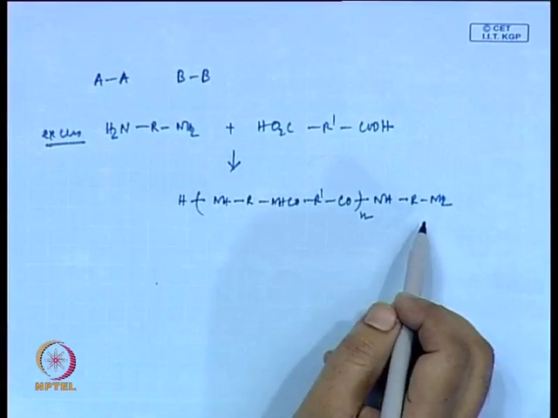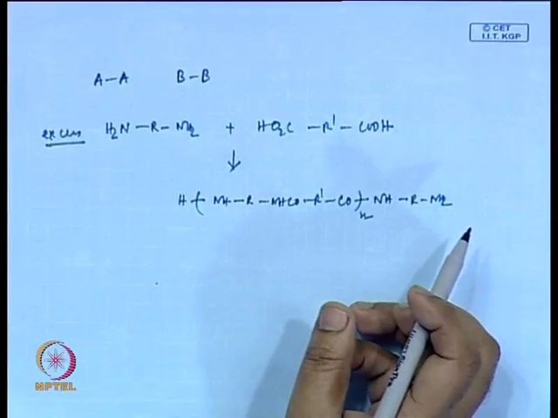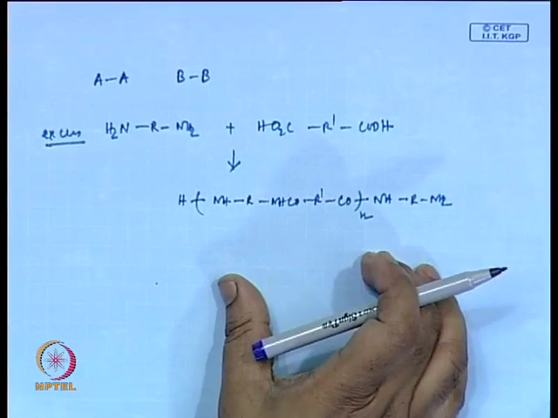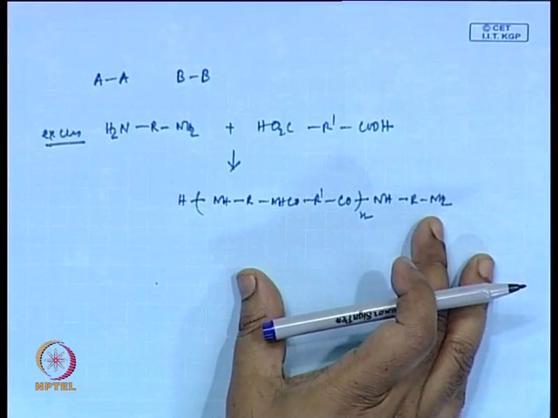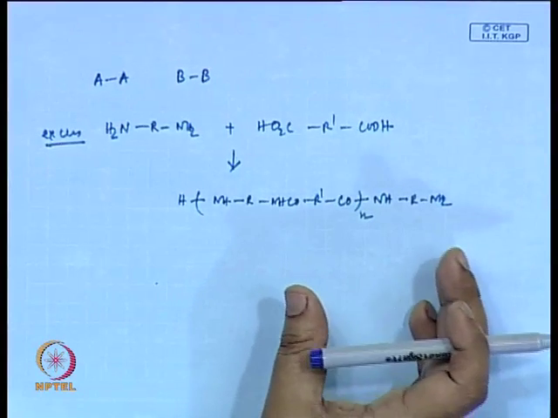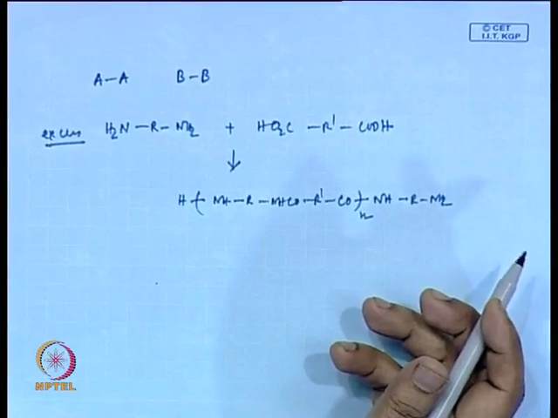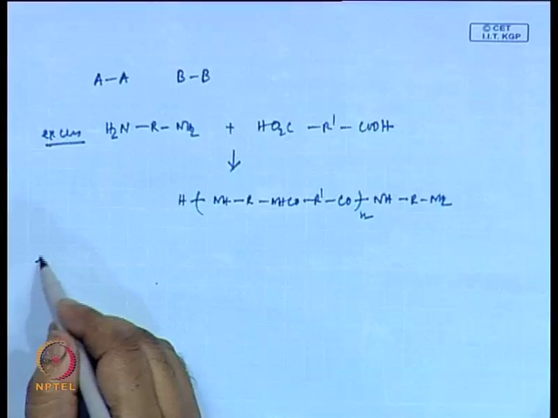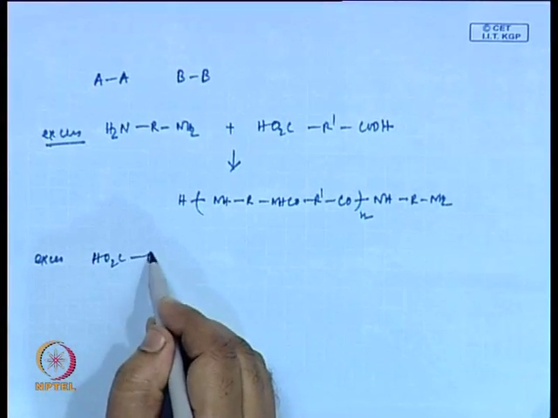In this case, both sides are amine groups. These cannot react by themselves. So, if you stop the reaction at that level, you are ensuring that there is no leftover COOH group, no carboxylic group in the medium, so the amines cannot take part in the reaction by themselves. So, if I take the carboxylic group in excess, what will we end up with?